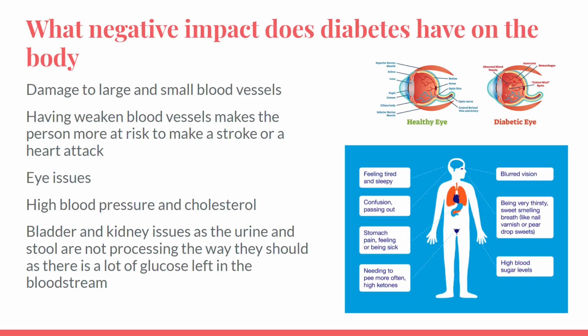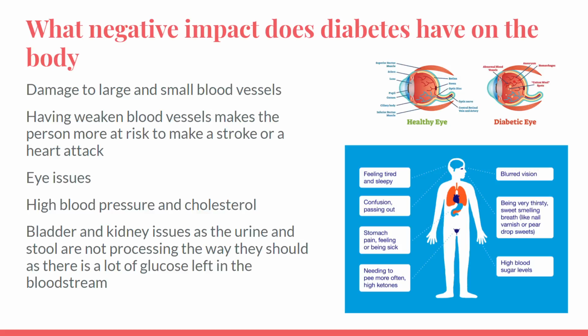So what are the negative impacts diabetes has on the body? It causes damage to large and small blood vessels. Having weakened blood vessels makes the person more at risk to have a stroke or heart attack. And then eye issues, because the veins and arteries in your eyes have a lot of pressure in them, causing issues.